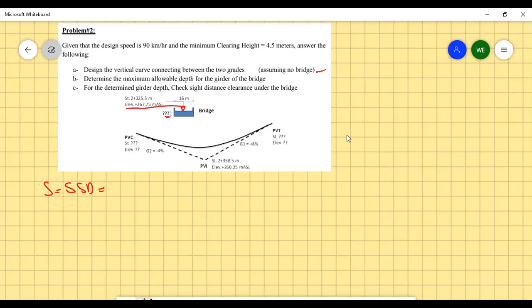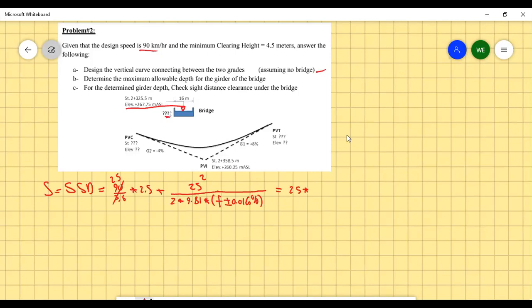So here we have 90 kilometers per hour, so it's 90 over 3.6 multiplied by 2.5, plus, this would be 25, by the way, 25 squared divided by 2 multiplied by 9.81 multiplied by (f plus or minus 0.01 G%). In this case, what is the value of G? We're going to take the worst case condition.